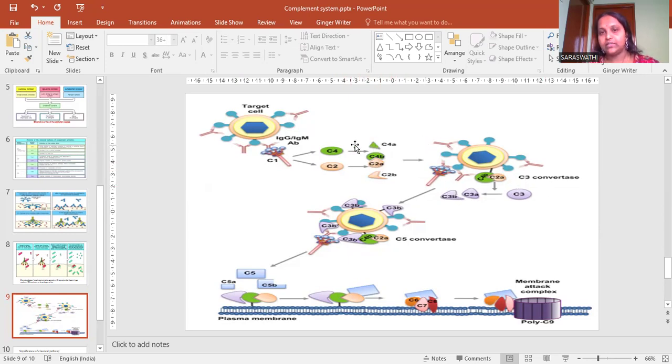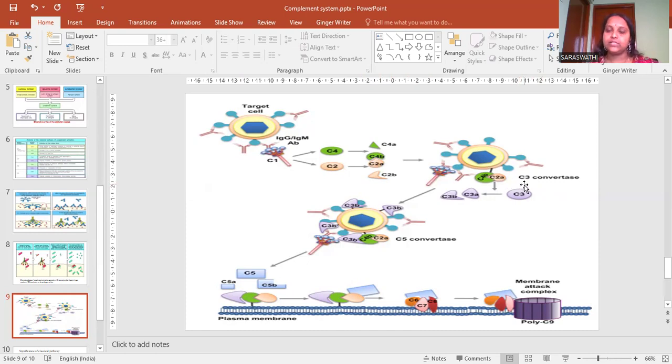The smaller subunit C4A just diffuses, C2A is attached to C4B, and C2B diffuses. The bound C2A and C4B are considered the C3 convertase.